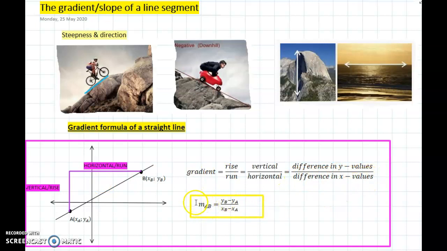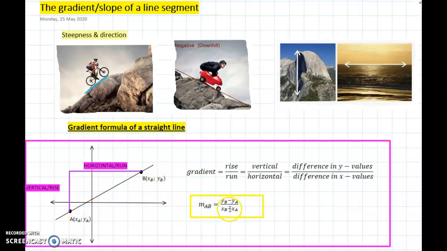So for the gradient, we write m, and the subscript AB just denotes the name of the line. The gradient of AB is y_B minus y_A over x_B minus x_A. In other words, the difference in the two y coordinates over the corresponding difference in the two x coordinates.